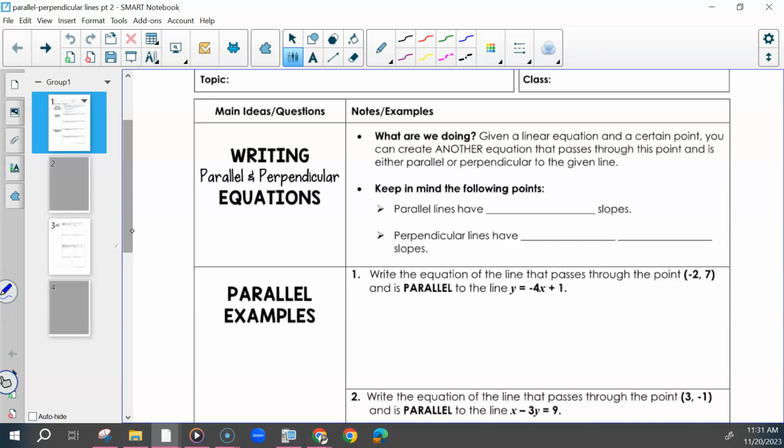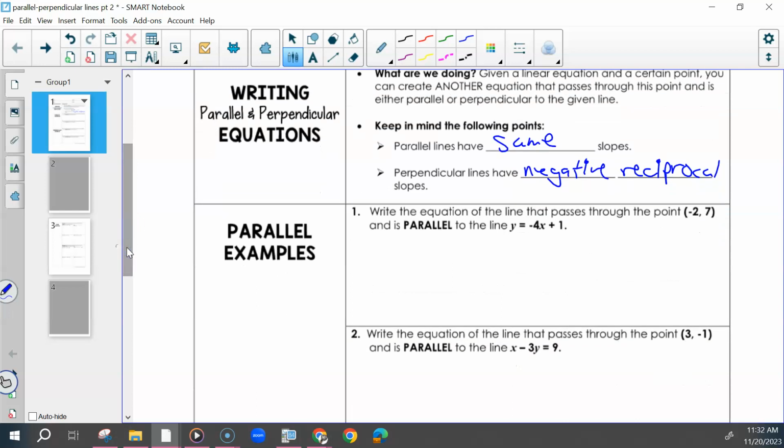So we have to keep in mind that parallel lines have the same slope. Perpendicular lines have negative reciprocal slopes. And when we do this, we also have to remember the same equation we were using to write equations, which I'll write off to the side.